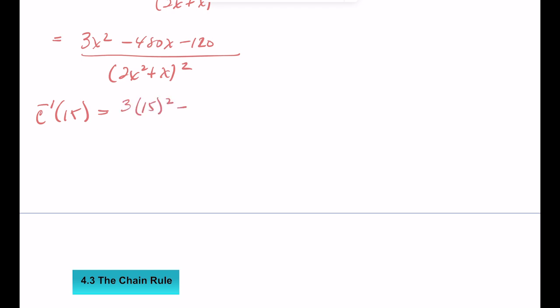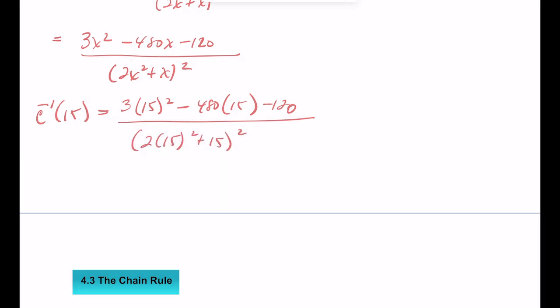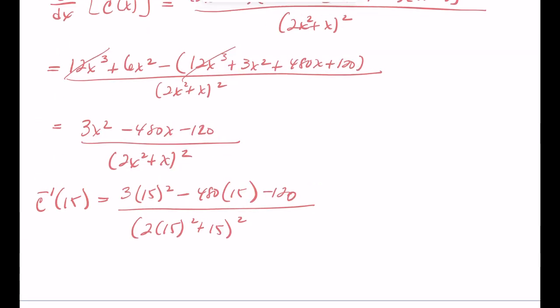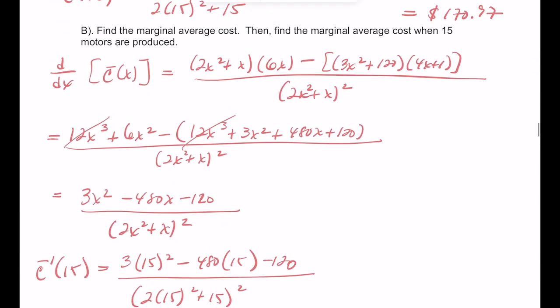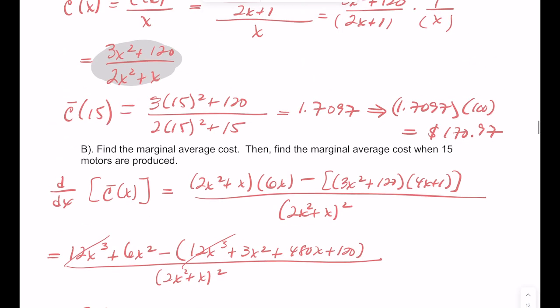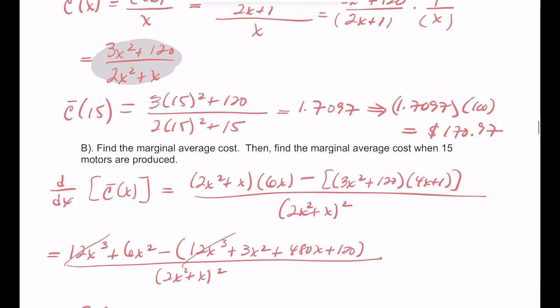So I'm going to have 3 times 15 squared minus 480 times 15 minus 120 over 2 times 15 squared plus 15, that whole quantity squared. And I believe I have a typo here. Oh no, it's correct. Yep, okay.